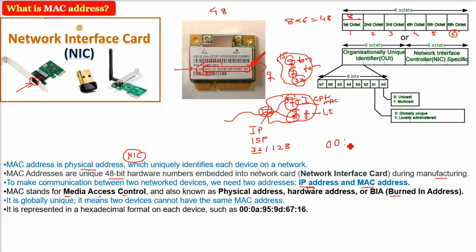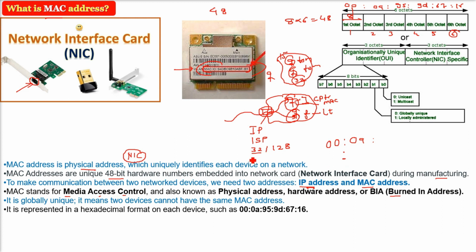MAC is unique. So let me write the hexadecimal format of a MAC address. This is a colon, but it can be a period, it can be a hyphen also. So we have octets separated by colon or period or hyphen: 00, colon 0A, colon 95, colon 90, colon 67, colon 16.